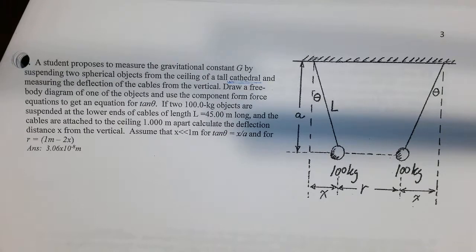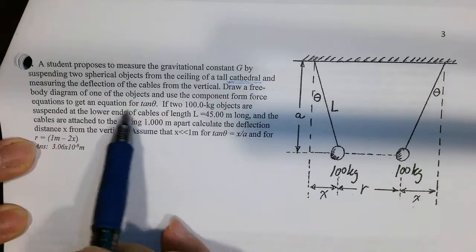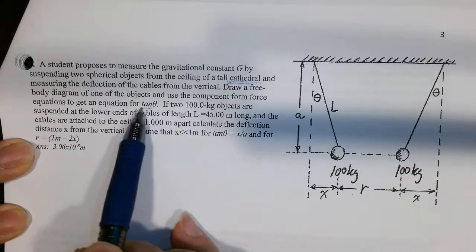Anyway, measuring the deflection of the cables from the vertical. Draw a free body diagram of one of those objects and use the component form of the force equations to get an equation for tan theta. Okay, tan theta. I want this.